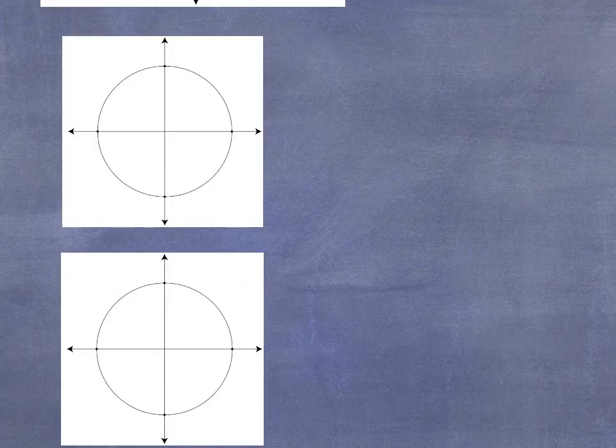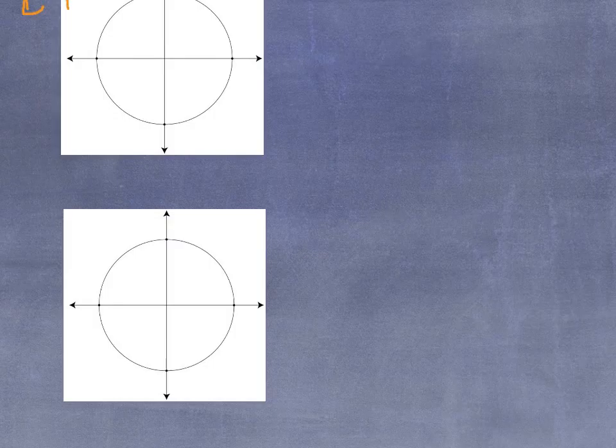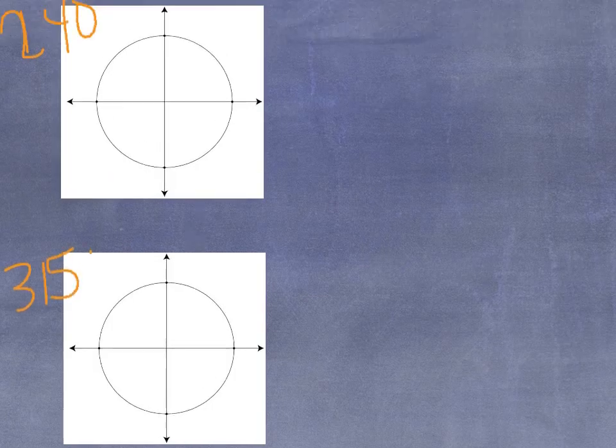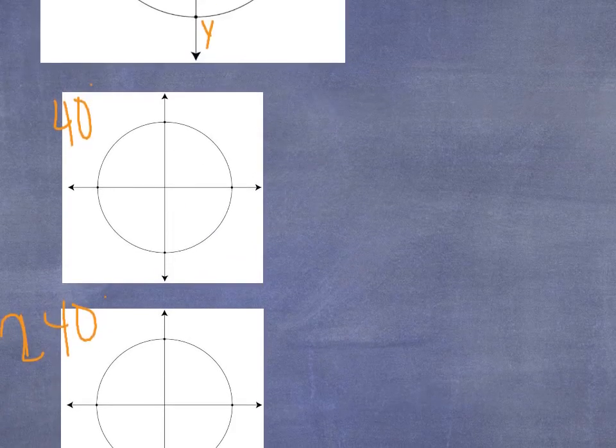So let's go through a couple more angles here. Let's do a 40 degree angle, a 240 degree angle, and then we're going to do 315. If at any point along here you feel like you can do it on your own, please just stop the video, practice it a few times, and it'll make you better.